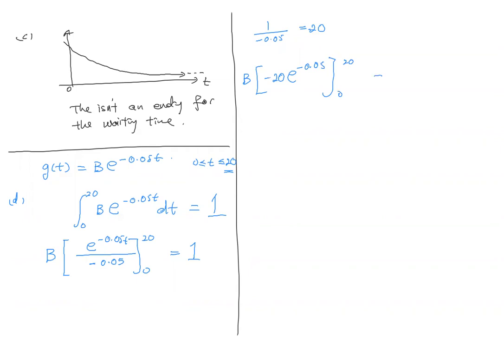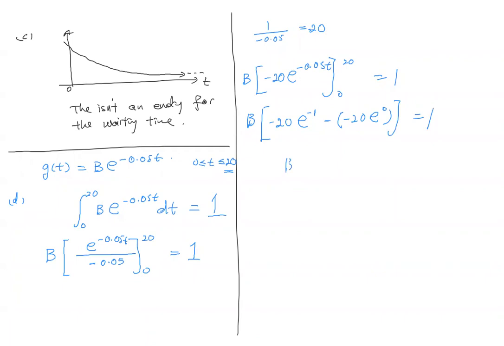So it's equal to 1. Now we start to substitute. You even can take the negative 20 out if you want to. Negative 0.05 times 20 is negative 1. Am I right? So it's e to the power of negative 1, correct? Then you substitute 0. So it's e to the power of 0. So it's 1. Right? So you get 1.